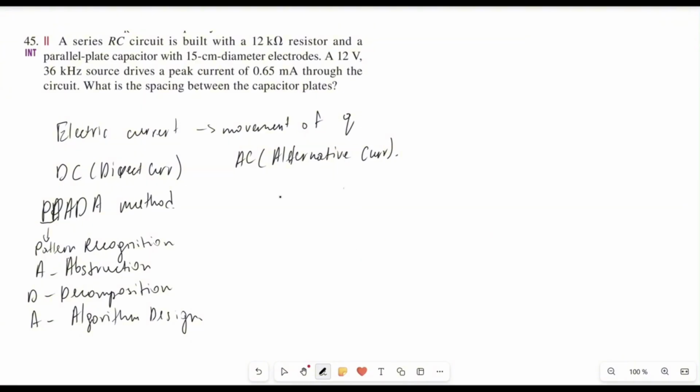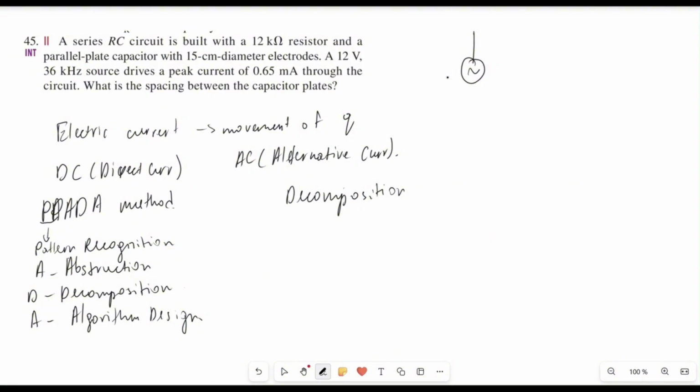First of all, decomposition means breaking a problem into parts. I want to start with decomposition because to solve this problem, I need to break it into some small parts. We need to understand how it is working.